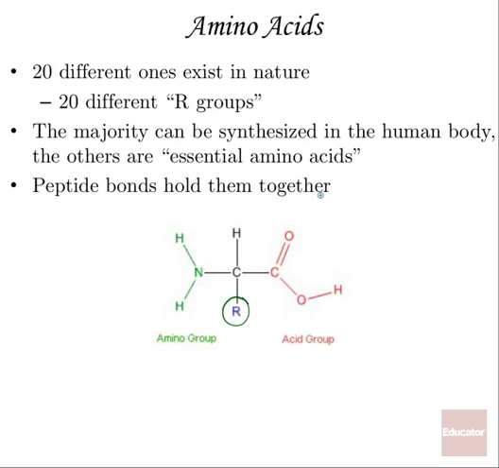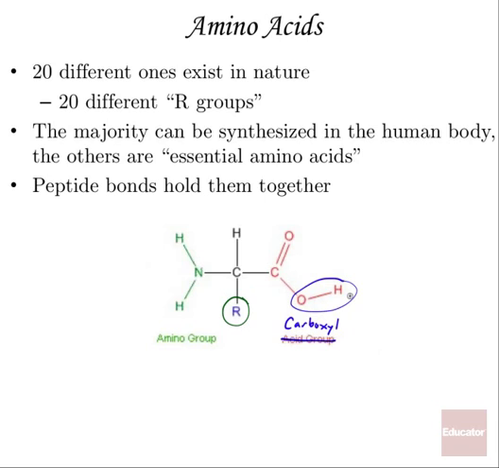Peptide bonds hold amino acids together. Once again, it's a dehydration synthesis. An OH on this part here called the amino group, I misspoke. This is the amino group. I saw the A here and thought differently. They call it acid group here, but I've actually seen this more in textbooks.